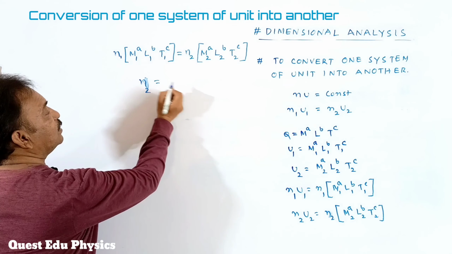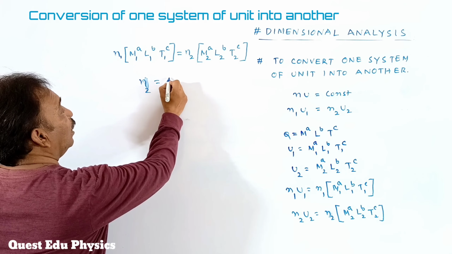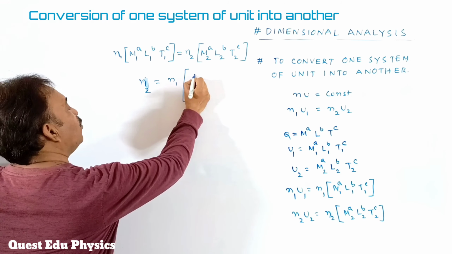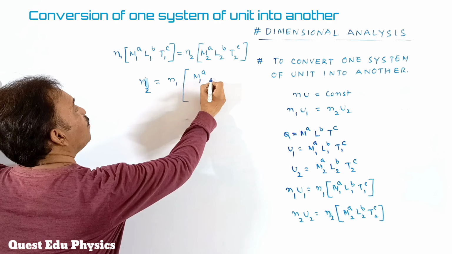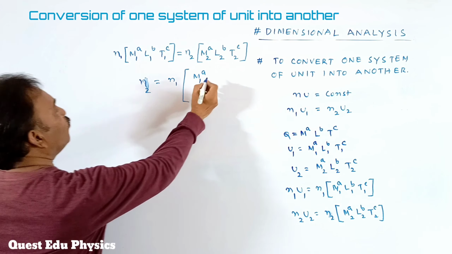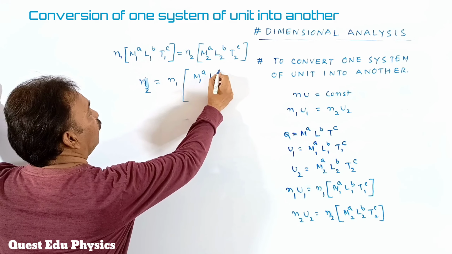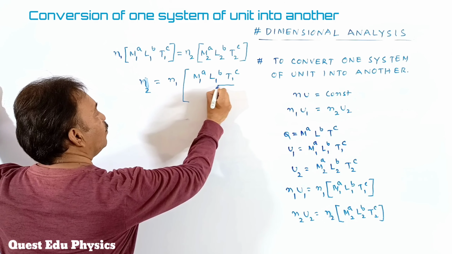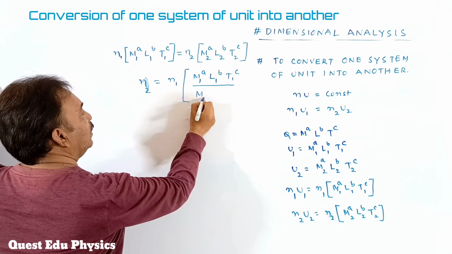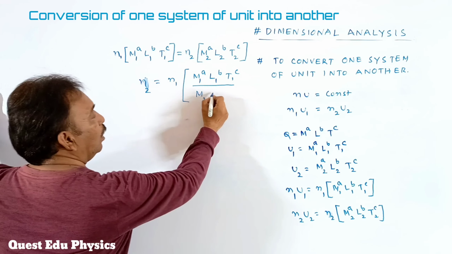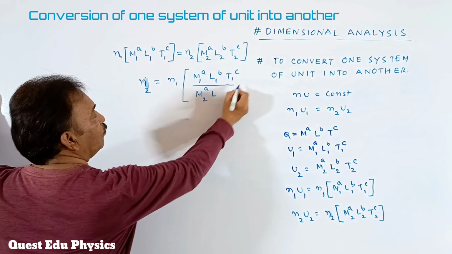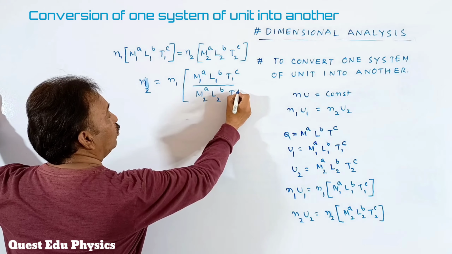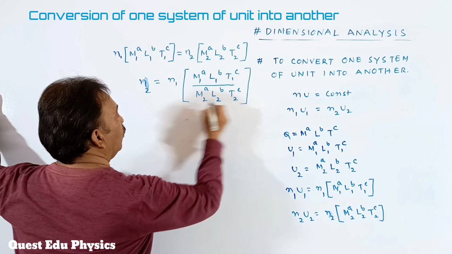n2 can be written as what? n1 of M1 to the power of a, L1 to the power of b, T1 to the power of c, divided by M2 to the power of a, L2 to the power of b, T2 to the power of c. Okay?